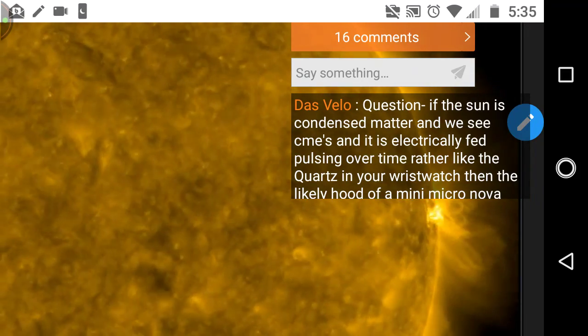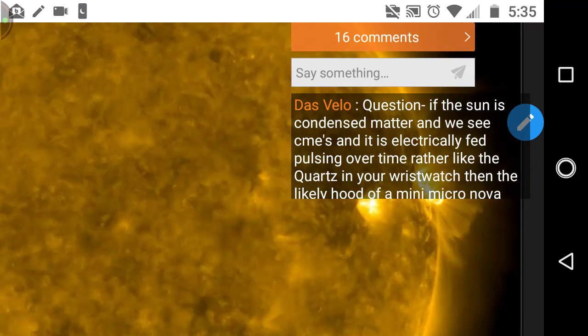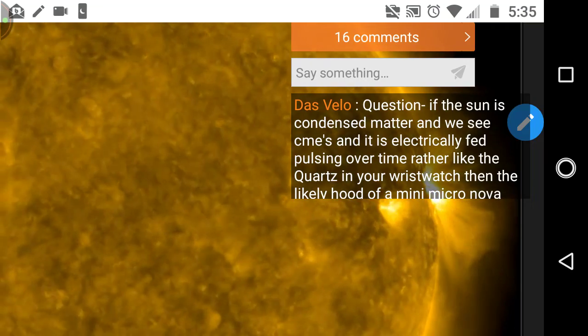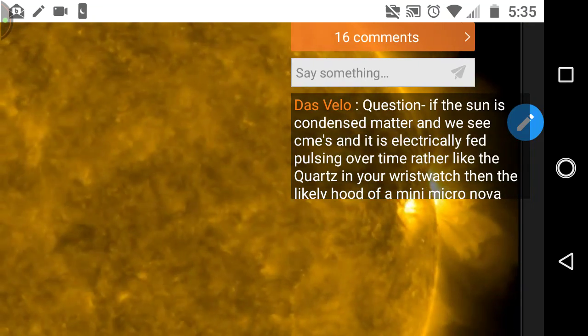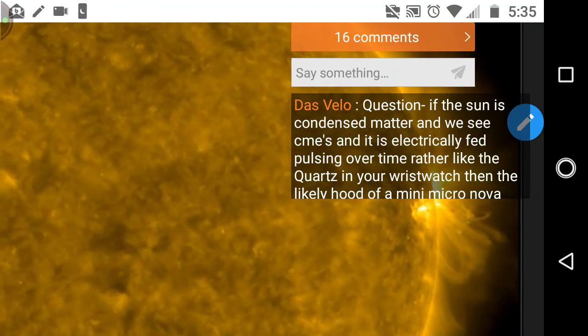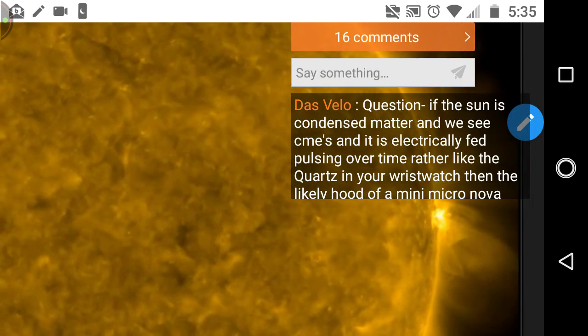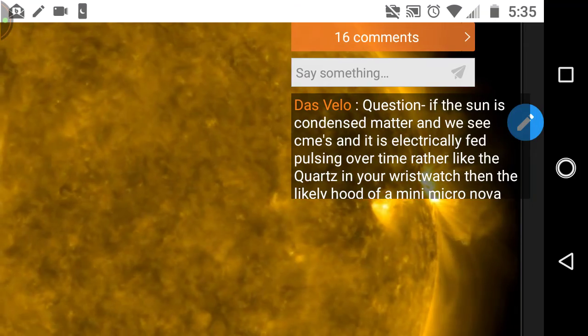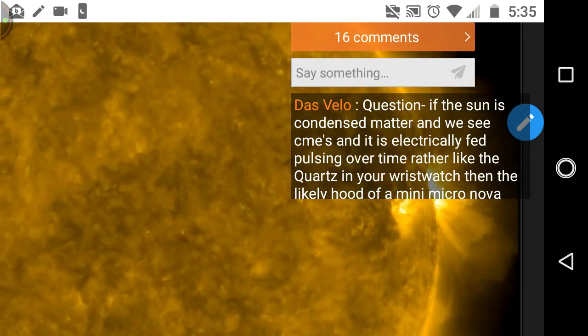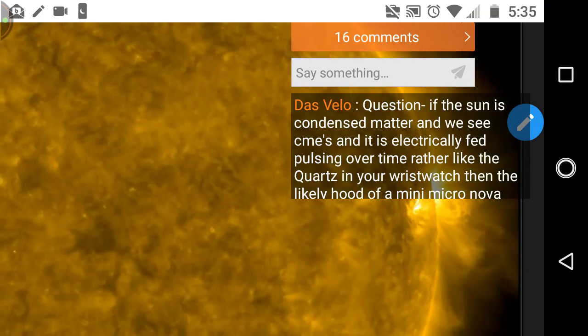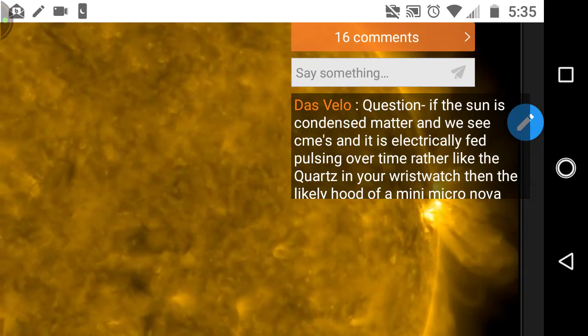No idea what would happen. But I would assume catastrophe, because the magnetic connection would be extreme. So I don't think the condensed matter model of the sun is any kind of a refutation of the nova model.